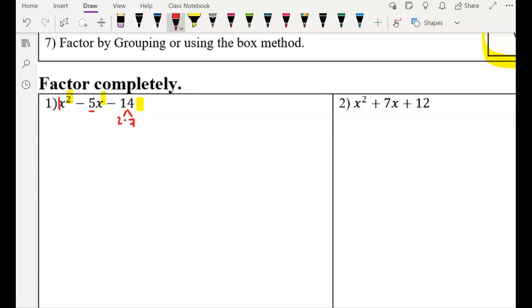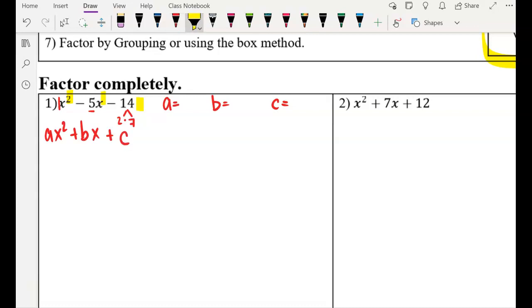So next step, it says, okay, well, identify A, B, and C, okay? Remember, a quadratic expression is ax squared plus bx plus c.